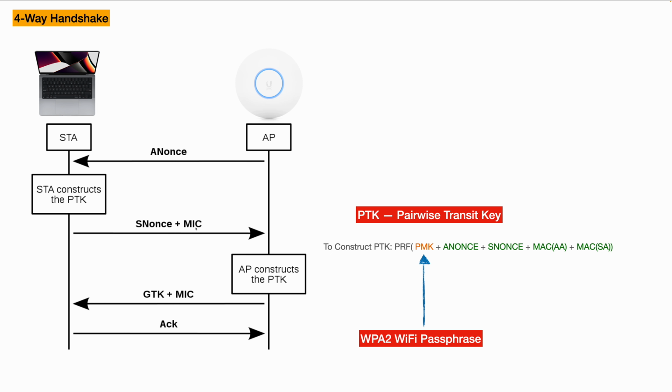The way MIC is calculated is by using the PTK. So the hackers can try a password, calculate a PTK, and then calculate a MIC, and compare the calculated MIC with the captured MIC to see whether they match. If they match, that means the guessed password is the correct one.